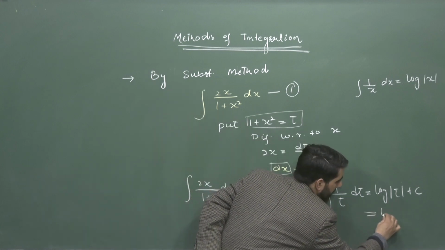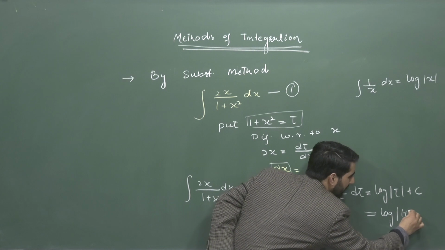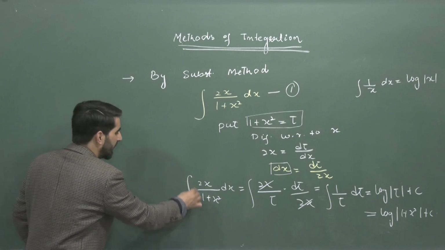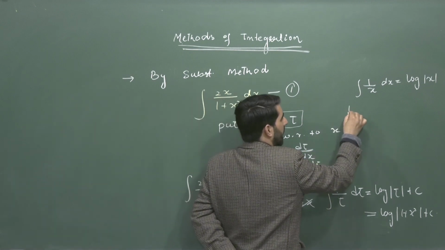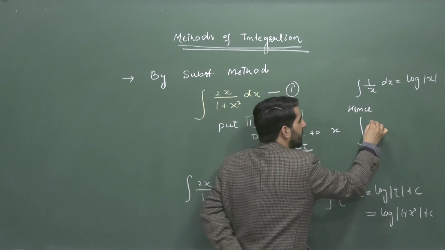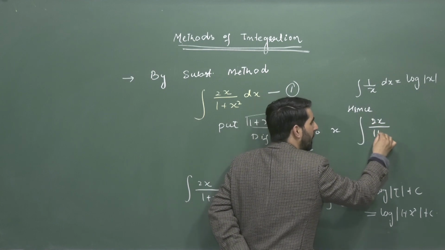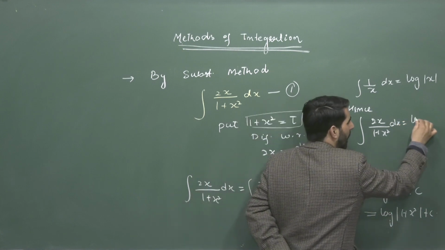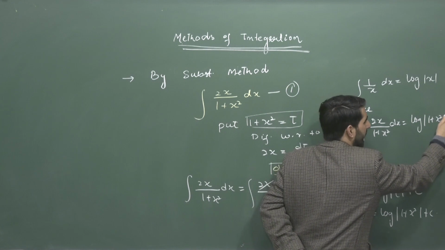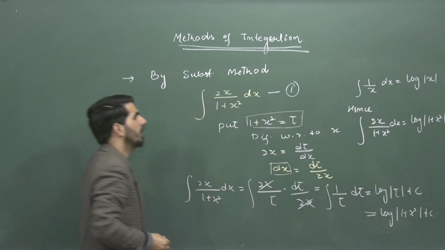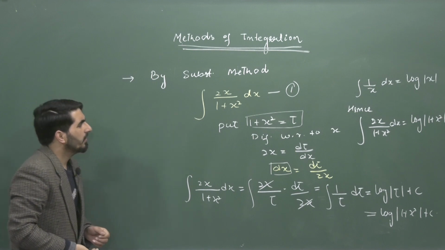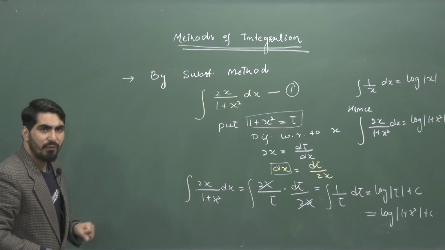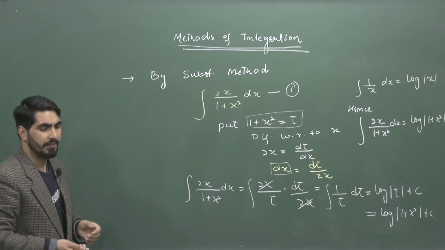So we get log of modulus of 1 plus x square plus c. Hence, the integration of 2x divided by 1 plus x square dx is log of modulus of 1 plus x square plus c. This is a simple example of how to solve such functions using the substitution method.